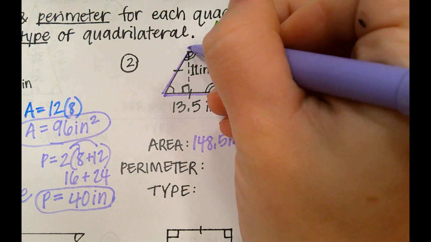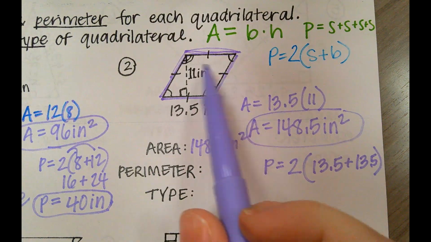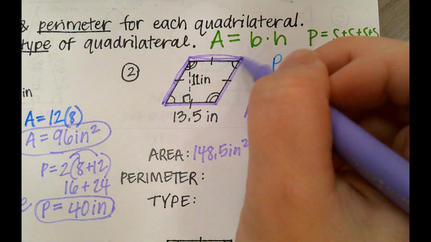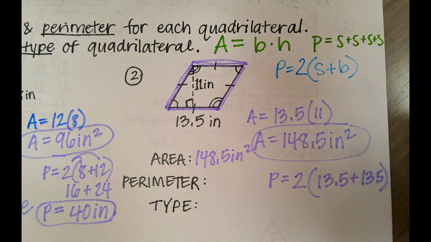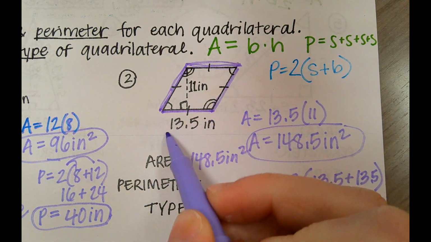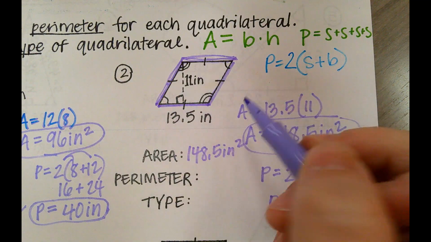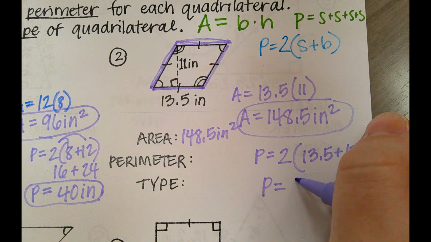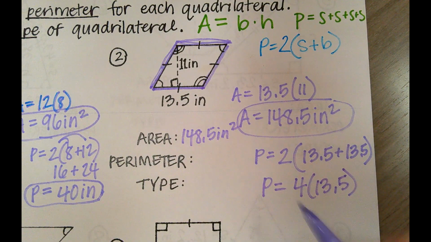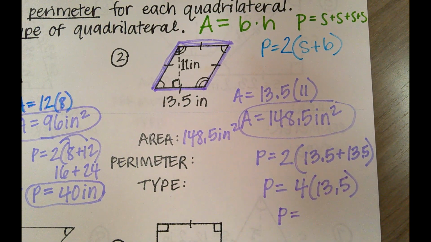Now, something else you can do to find perimeter, especially on shapes that have all the same side length, is perimeter is that 13.5 times 4. Yes, which should give us the exact same answer. That gives us 54 inches. Perfect. 54 inches.